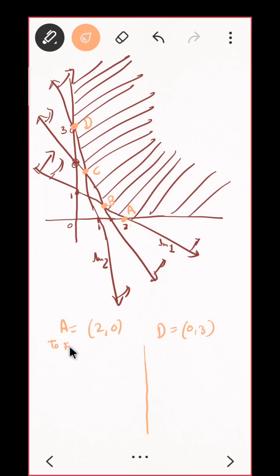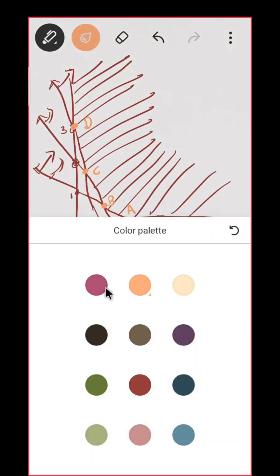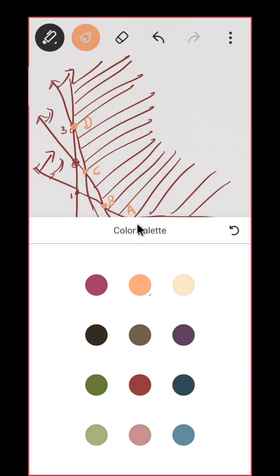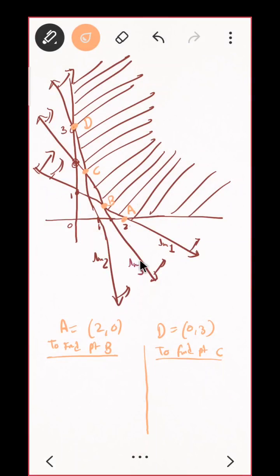To find point B, let us quickly do that. Point B is the intersection of line 1 and line 3.